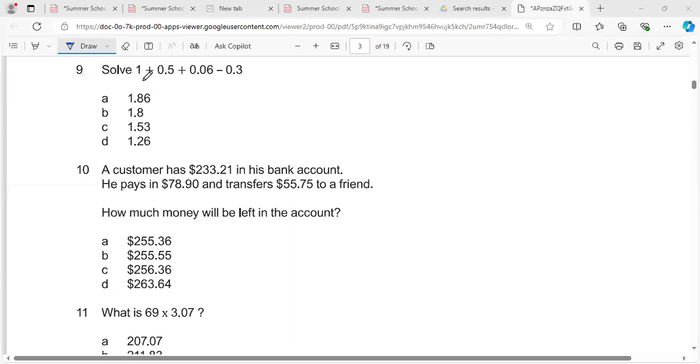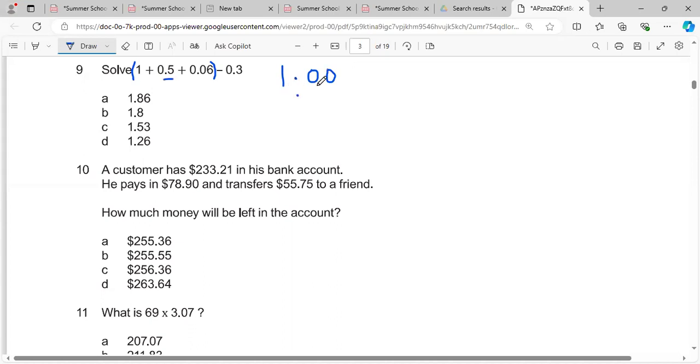For this one, what we have to do, we do it from left to right. So we have to add first. But once you add, remember decimal point should be under decimal point. So this one can be written as 1.00. This is the same as 1. And the rule states decimal point under decimal point.